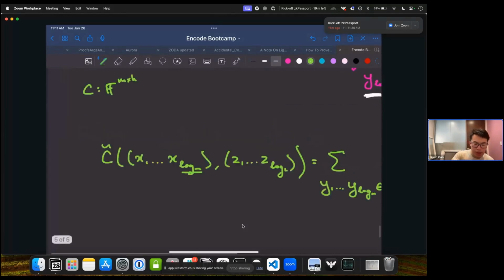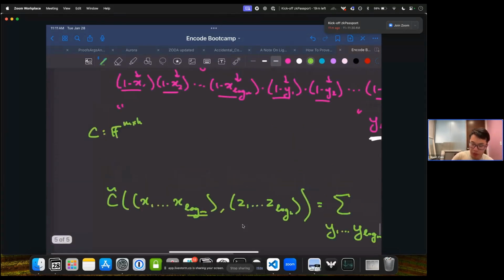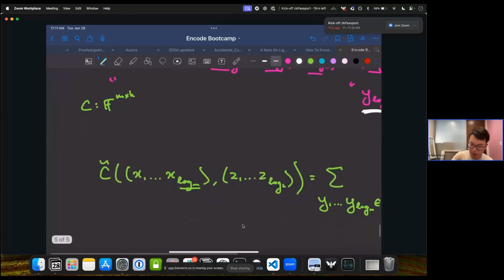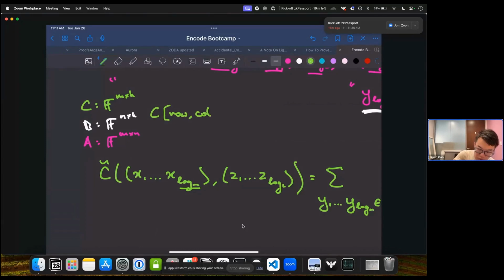Maybe let's start by reviewing the canonical matrix multiplication setup. In this case, B is going to be in F n by k, and A is going to be in F m by n. Canonically, if we were to ask, what is C at some row, comma, some column, or let's call this C at x, comma, z, where x and z are indices.